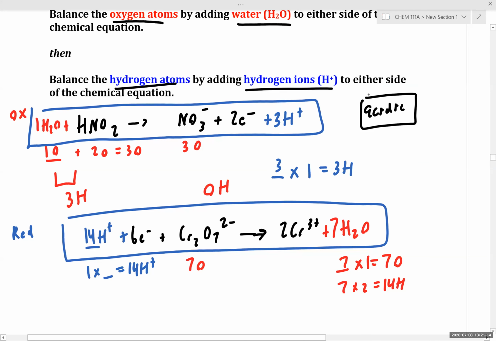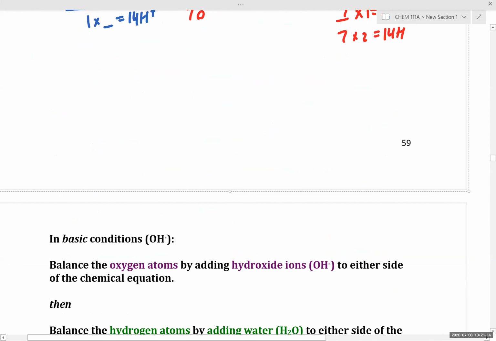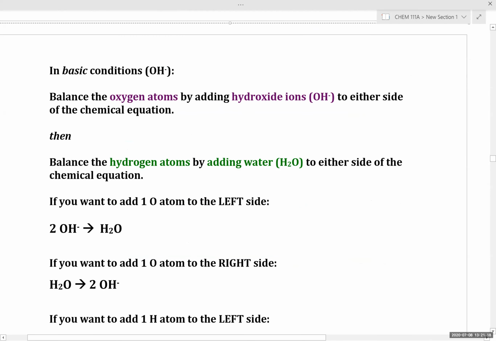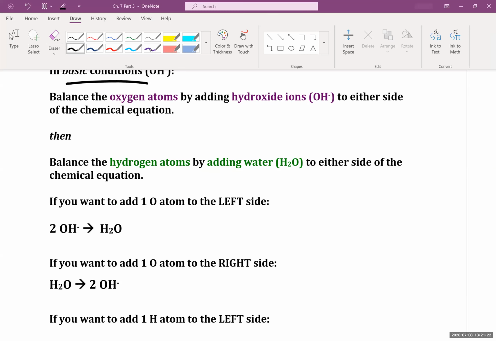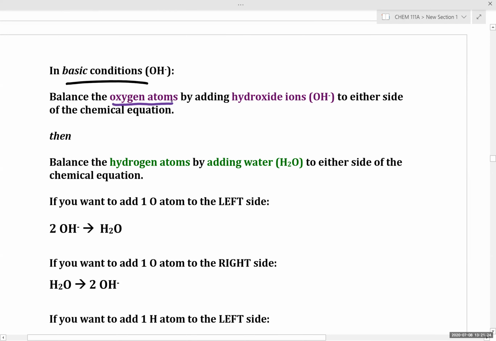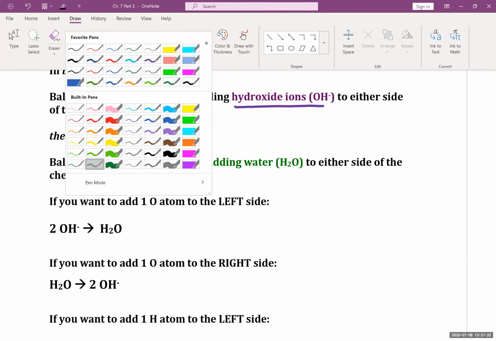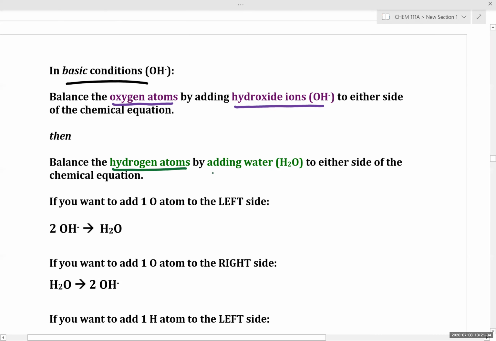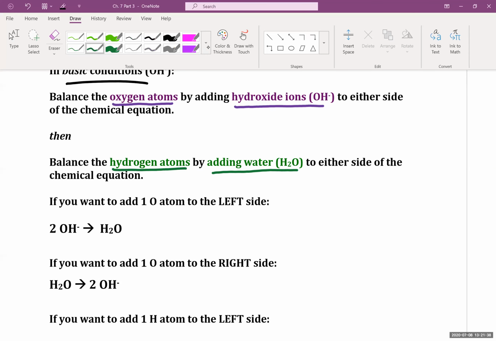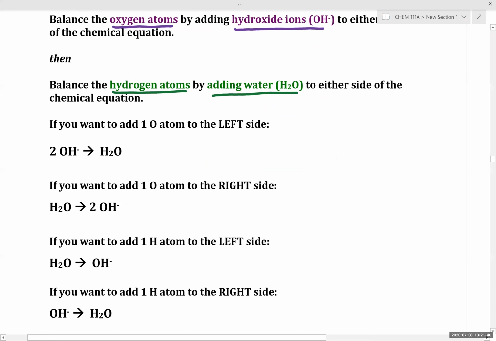Now let's talk about everyone's least favorite conditions, which are basic conditions. Under basic conditions, you balance oxygen atoms by adding hydroxide ions, and only then, you balance hydrogen atoms by adding water. Students often get a little confused when balancing under basic conditions.